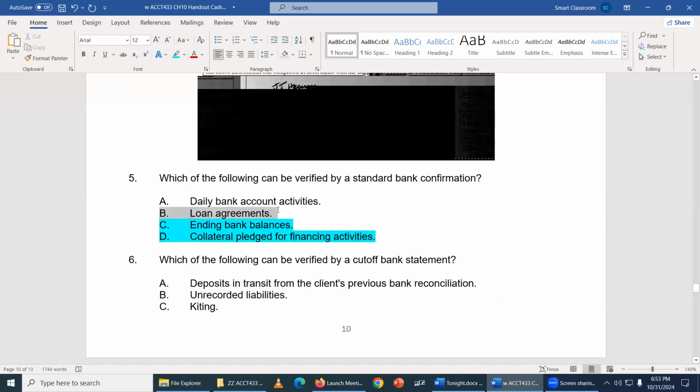And the loan agreements are generally going to be on there, so you can see what the interest payments are. All that kind of stuff will be on that bank confirmation. They don't have the daily activities. This is year end only, so we're not going to see what activity happened in the first week or anything like that.